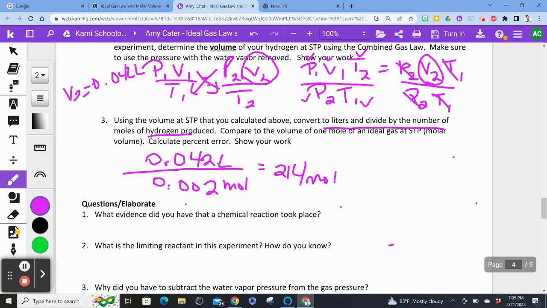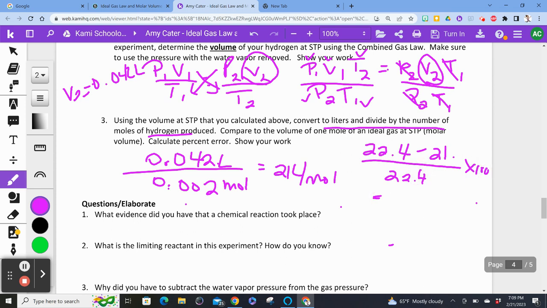Okay, and then I'm going to compare that and get a percent error comparing to 22.4 liters. So the actual value, 22.4, minus your calculated value divided by the actual value times 100.